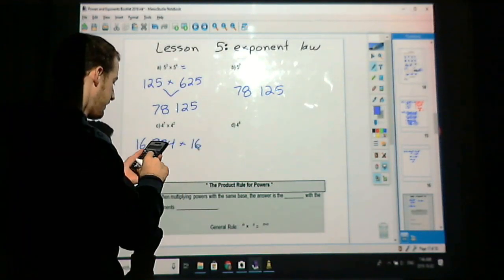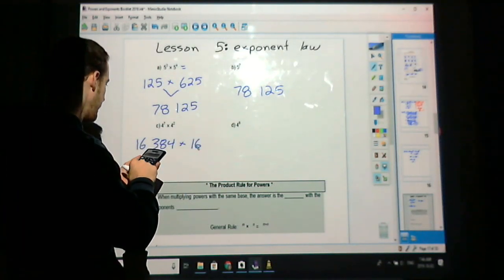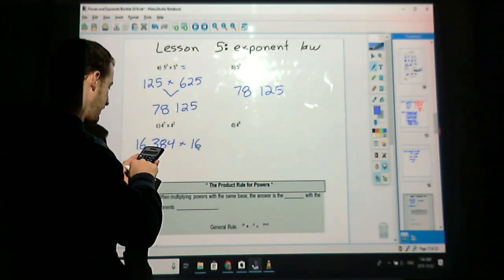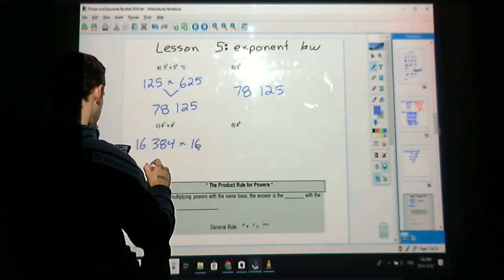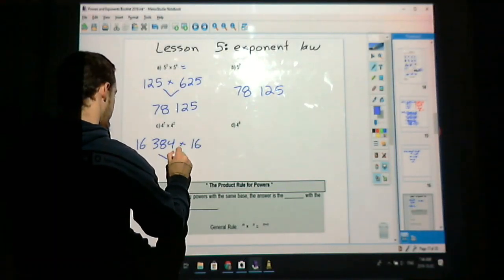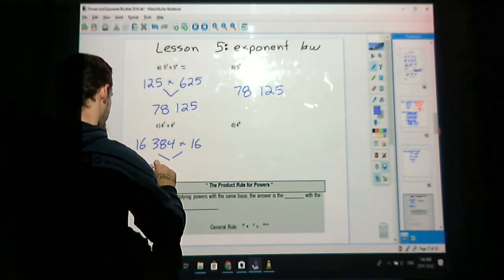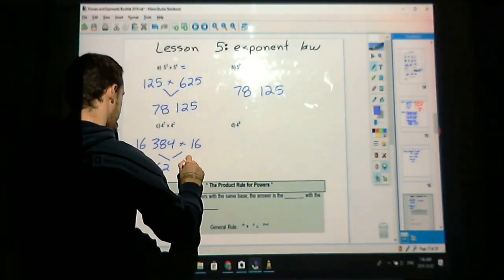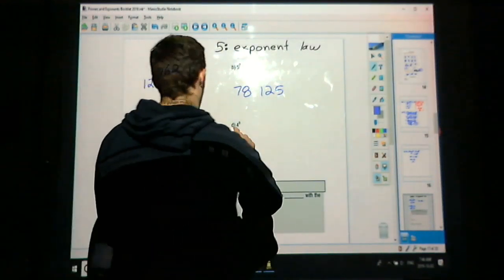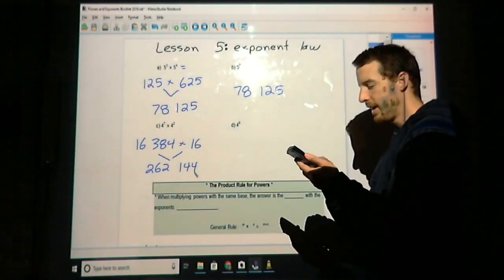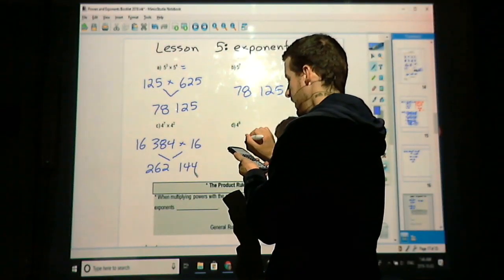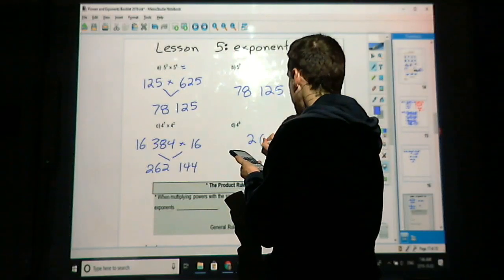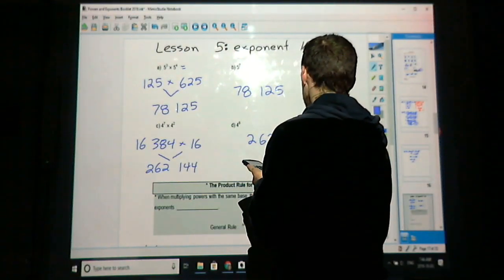Let's see how that all works out. 16,384 times 16, we get a massive number of 262,144. And if you're noticing the pattern yet, 4 to the power of 9 will also equal 262,144.